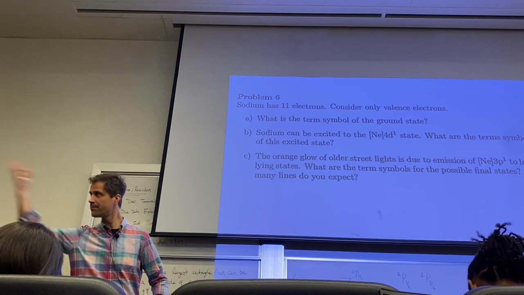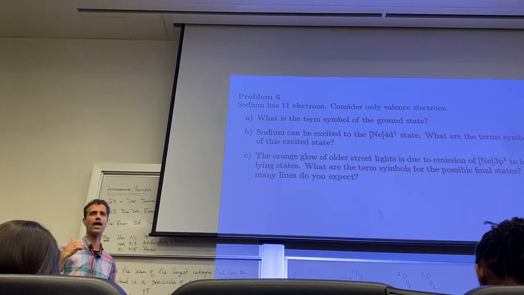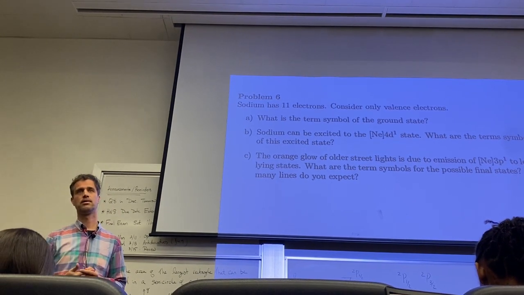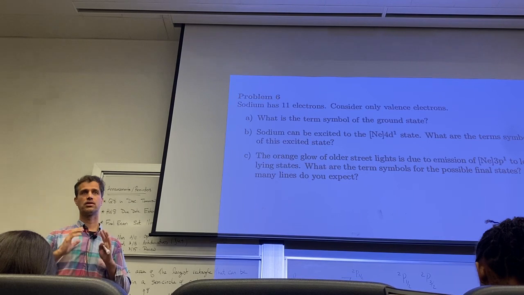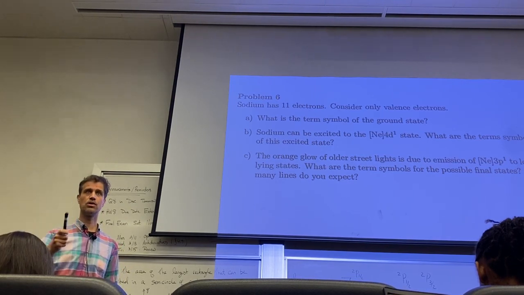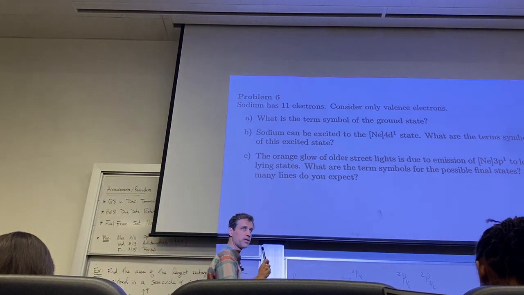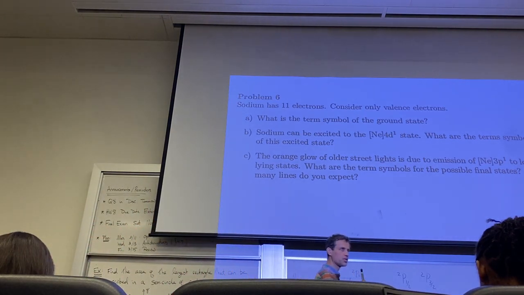It has only to do with the values of L and S. And this capital letter is, in the case of 1 electron, equal to little l. Whatever little l is what this capital letter is going to be in the term symbol for a 1 electron system. Not true for a 2 electron system, but for a 1 electron system, yes.